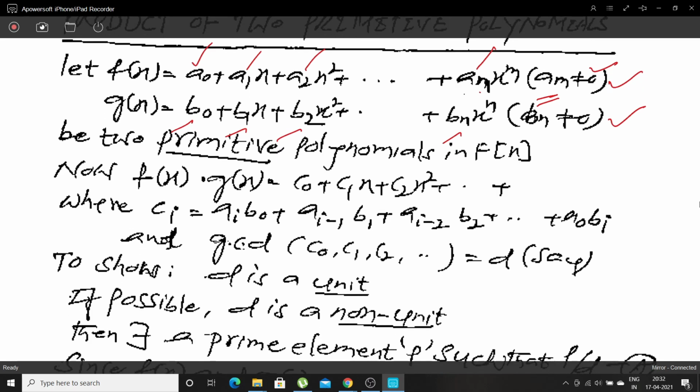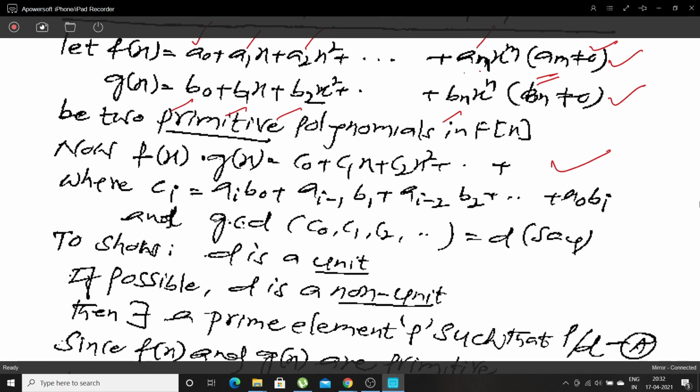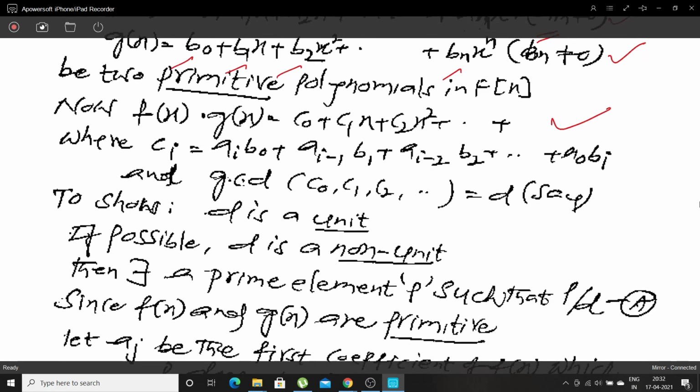Let me multiply these two polynomials. If I multiply these two polynomials, we get a polynomial of the form C0 plus C1x plus C2x square and so on. Generally, I denote this Ci, where Ci is ai b0 plus ai minus 1 b1 plus ai minus 2 b2 and so on up to a0 bi.